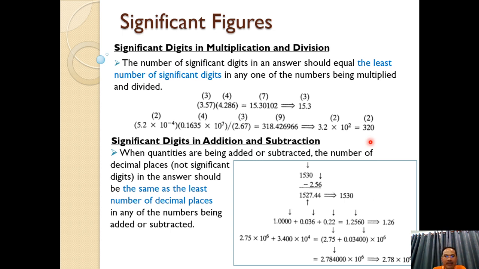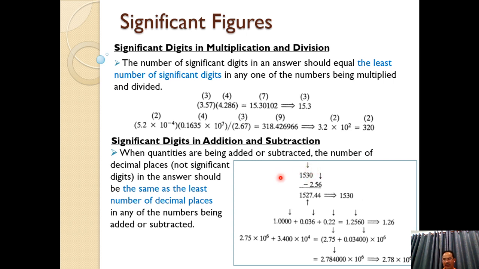And the next is the significant digit rule for addition and subtraction. The answer should have the same number of decimal places as the least number of decimal places. For this example, we have two numbers.